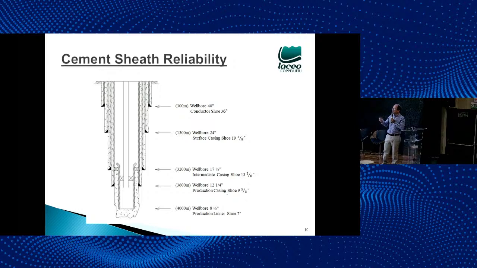So they do this considering some properties for the cement, for the casing, and for the formation that are basically deterministic properties. And they evaluated the remaining capacity of the cement sheath based on these deterministic properties. What we are doing for them today is to evaluate statistically these properties and to calculate the failure probability.